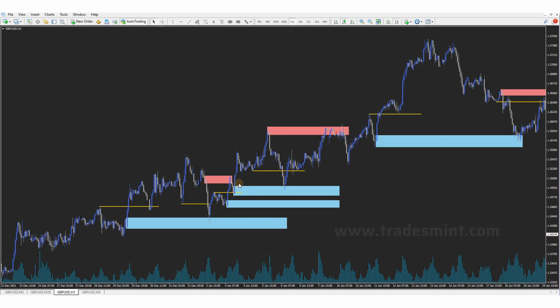Let's say that we are somewhere here. Yes, we see that price created the supply and price is going down, down, down, and we are very close to the marked demand area. So if I just open my charts or I'm waiting for a while, I would be looking for a buy position.